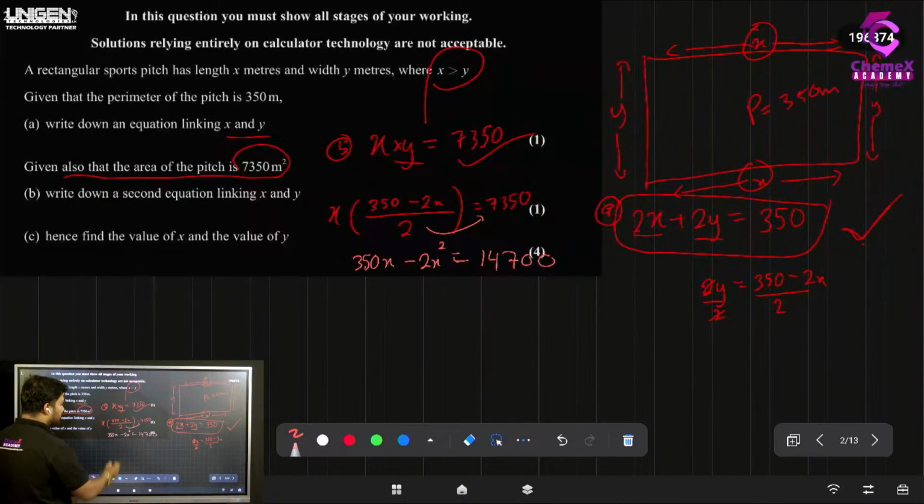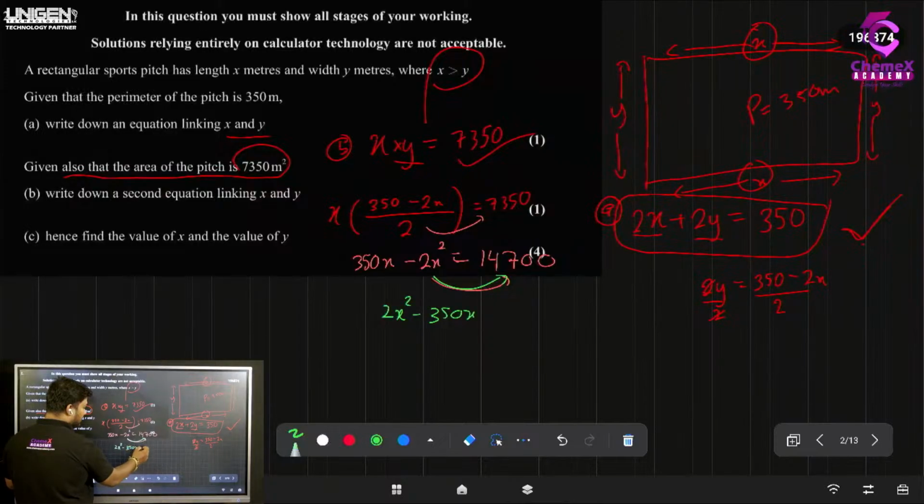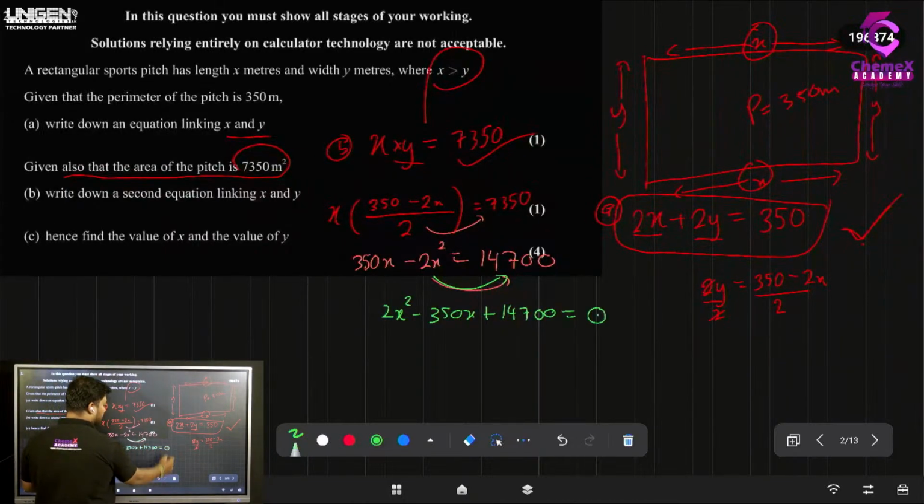Then you can take all the things to one side. Then 2x squared minus 350x, oh plus, it's plus 14,700 equals 0. Now can someone solve this and say me the answer?